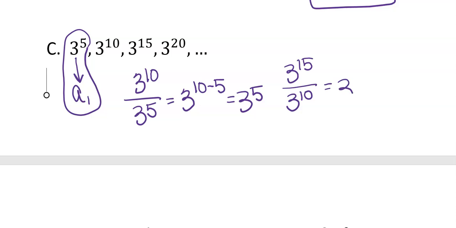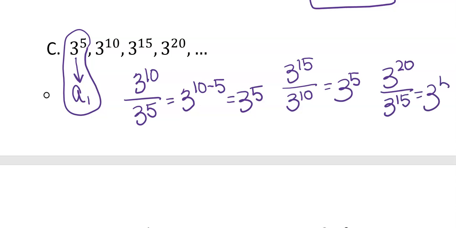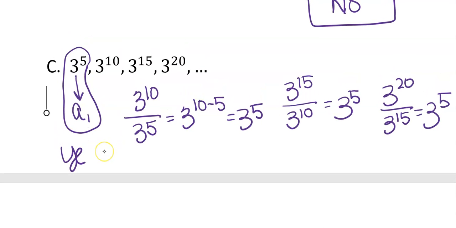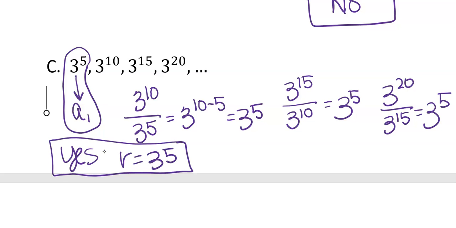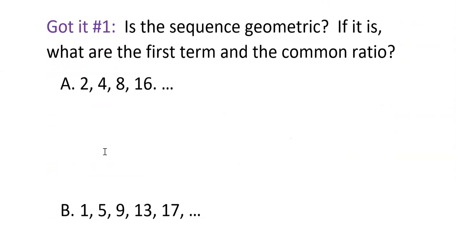If we subtract those exponents, we get 3 to the 5. And the last one, 3 to the 20 over 3 to the 15. We subtract the exponents and get 3 to the 5. So yes, and our common ratio is 3 to the 5. You don't need to multiply that out when it's in exponent form like that. Just leave it 3 to the 5 and that would be fine.